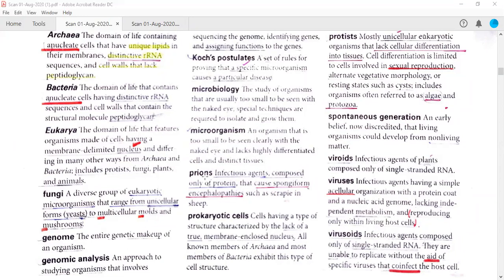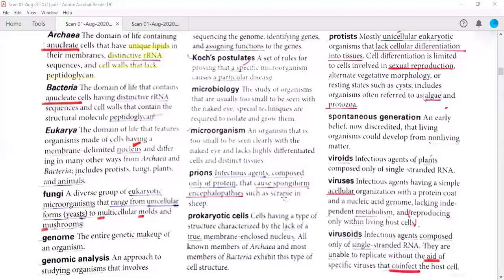Generally, in most cases, if the alpha form of protein gets converted into the beta pleated sheet, it will lead to an abnormal condition, and these diseases are called prion diseases. These prion diseases are named according to the organism in which they happen.